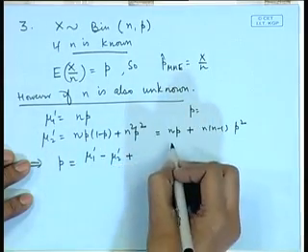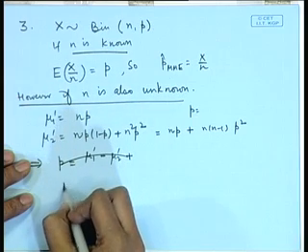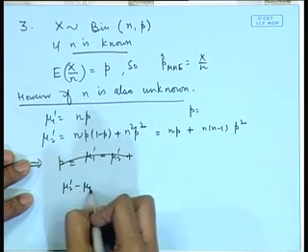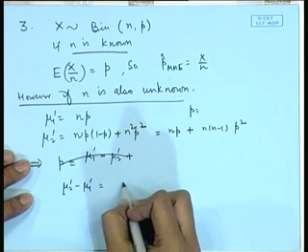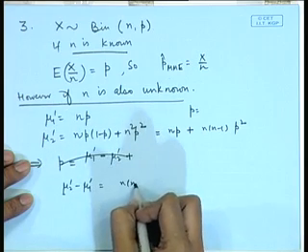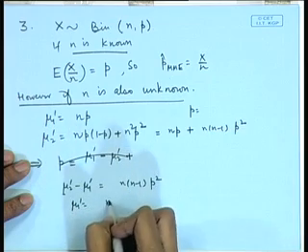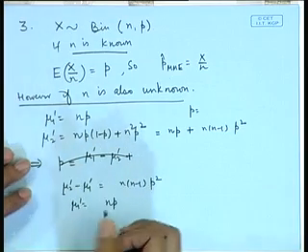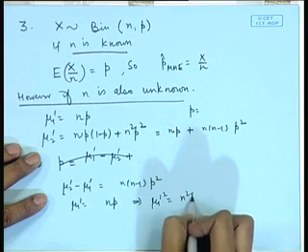So mu2 prime minus mu1 prime is equal to n into n minus 1 p square, and mu1 prime is equal to np. So this implies mu1 prime square is equal to n square p square.